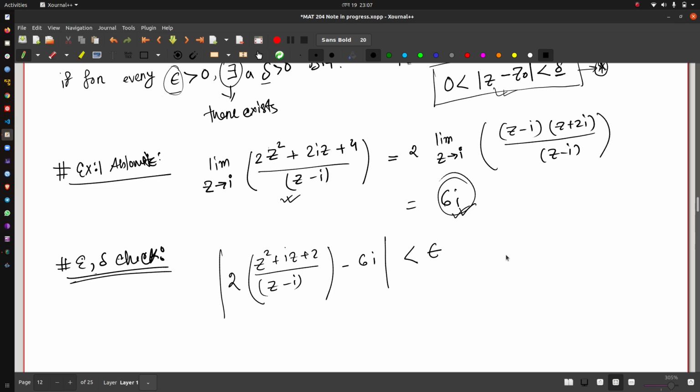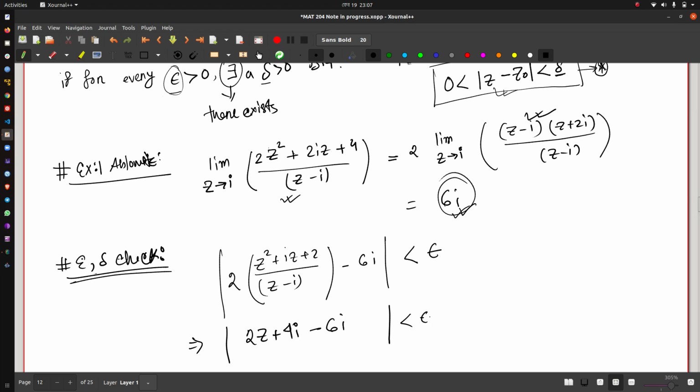And now what you can do, you can again factor them out. That means you can use this line over here to simplify things, and what you will get after doing this is that you'll have 2z plus 4i. Oops, sorry, there shouldn't be a z, it's just 4i, and then you have a minus 6i, right?